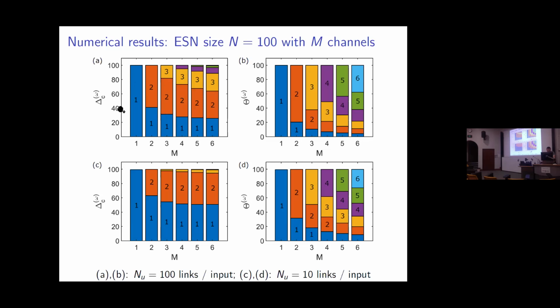The comparison between the top row and the bottom row is that at the top, it's a reservoir with 100 nodes and 100 input links per input channel. And in the bottom row, it's a reservoir with 100 nodes and only 10 input links coming out of each input channel. That means in this bottom configuration, the signals coming out of these M input nodes have less possibility to interfere.